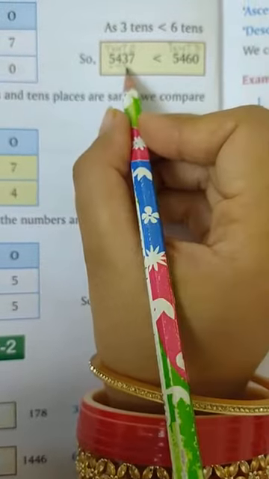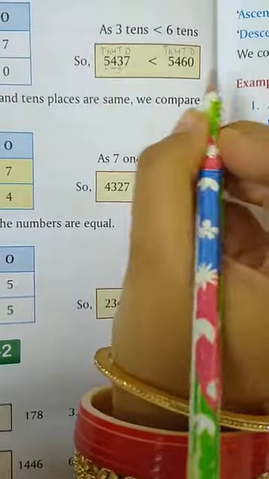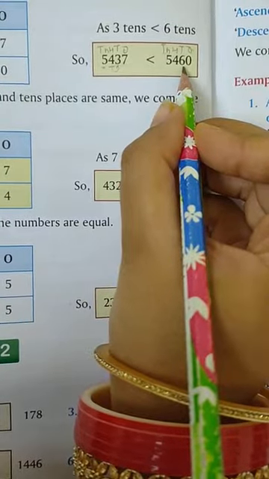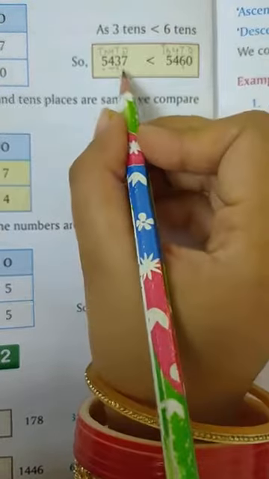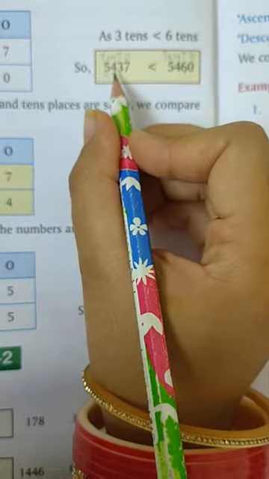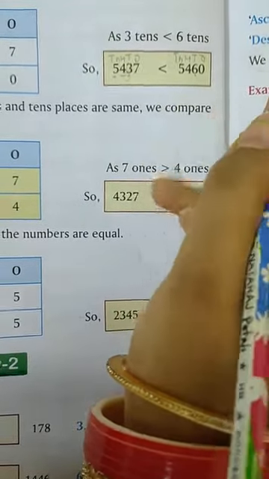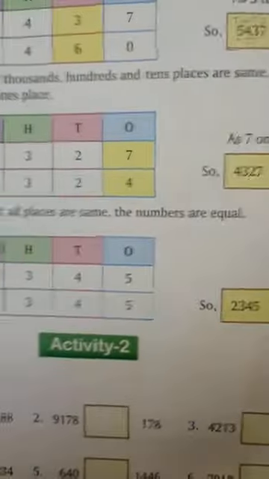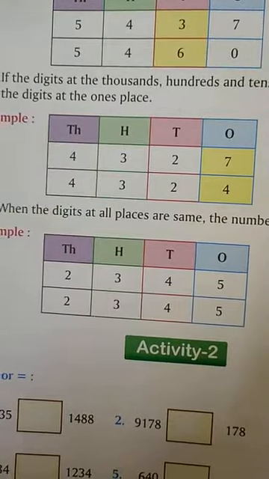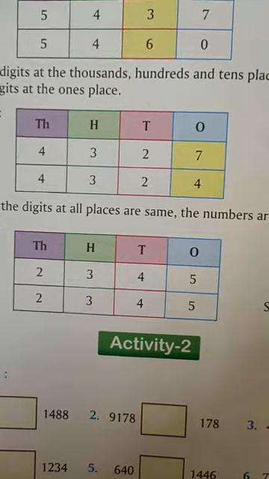On the tens place, on the left side which digit is present? 3. And on this side which digit is present? 6. So we know 3 is less than 6. So 5437 is less than 5460.